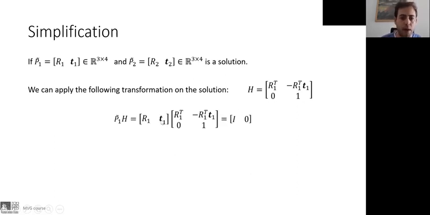And then if we multiply the homography from the right by P1 tilde, we get P1 tilde multiplied by this homography. So we get R1 multiplied by R1 transpose, which is an identity matrix, plus T1 multiplied by 0. And so we'll just get an identity matrix.